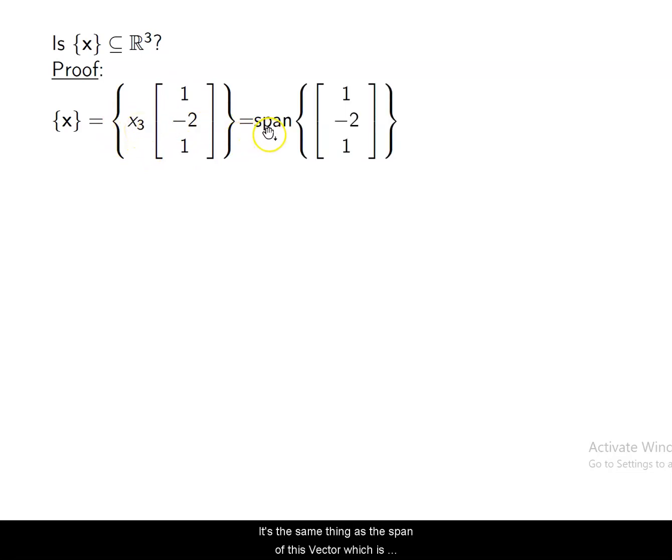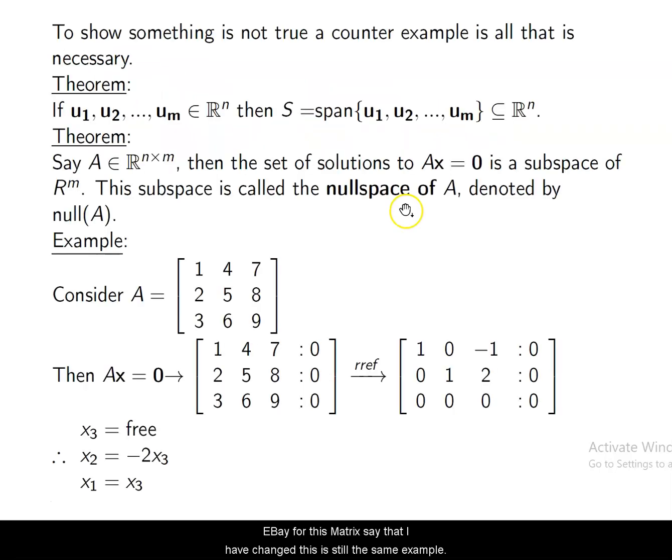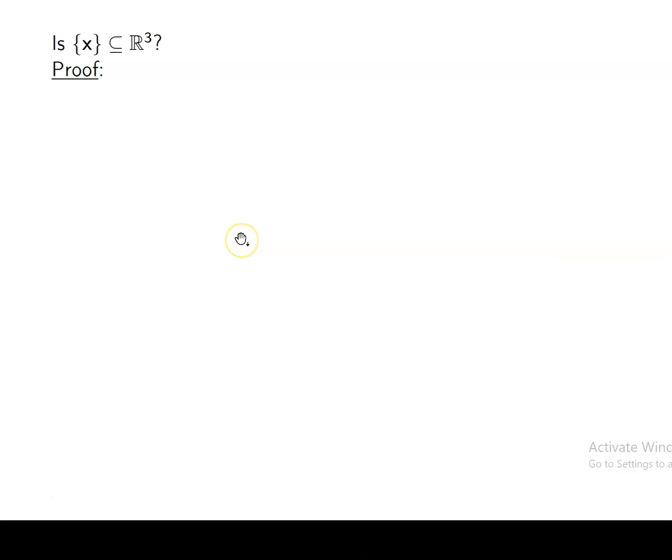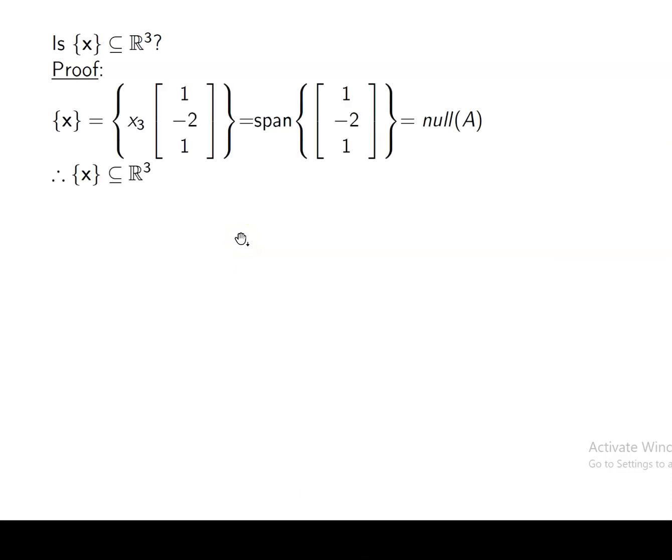It's the same thing as the span of this vector, and that's also equal to the null space of A for this matrix A. This is still the same example; we're just expanding the idea. Therefore, the set containing this vector x is a subspace of R3.